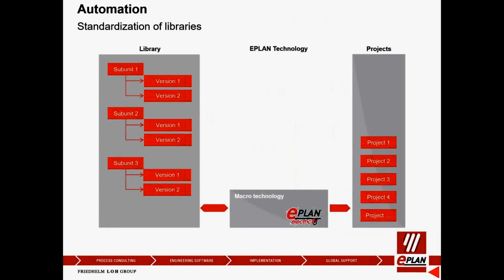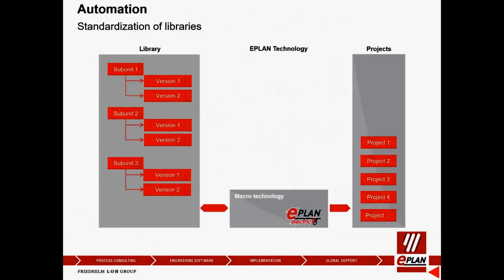So in here, what we have under the library, we have different subunits, and these different subunits, which could be drive sections, could be PLC sections, could be complex schematics, power distributions, and so on and so forth. They can have different variations. So they can have variation 1 for a particular motor, a motor line with fuses, and variation 2 could be a motor line with an overload.